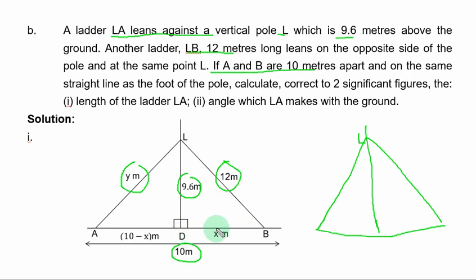So if we get this side first, which is S meters, you subtract it from 10. In this form, it gives LD. So using LD along with 9.6, you can easily get the length of ladder LA, before the angle the ladder makes with the ground.